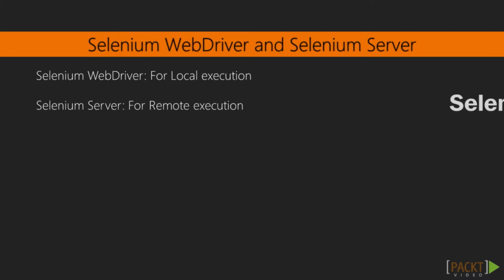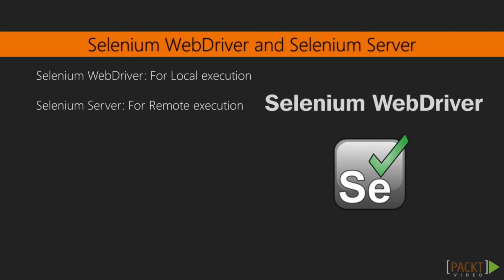Automating Selenium through a programming language can be done with WebDriver and Selenium Server. Once you write a piece of code, you may execute it locally using WebDriver or remotely using Selenium Server. You typically open up the web app, use it, and verify an expected change that you could observe.